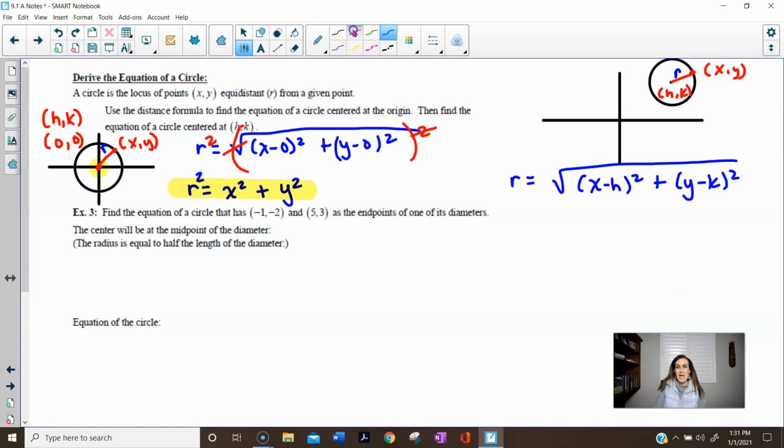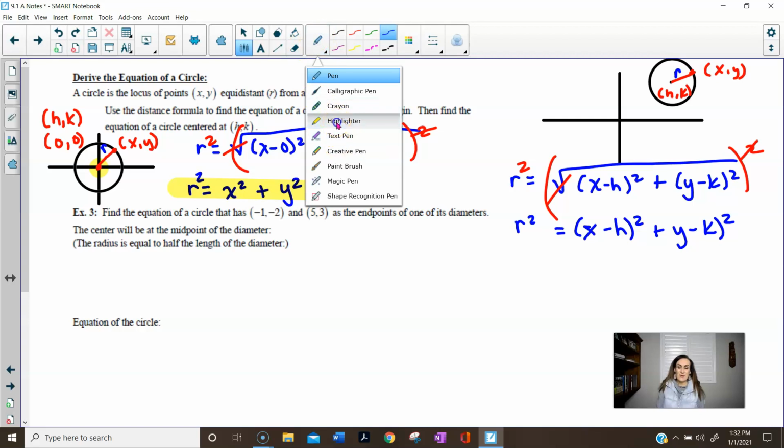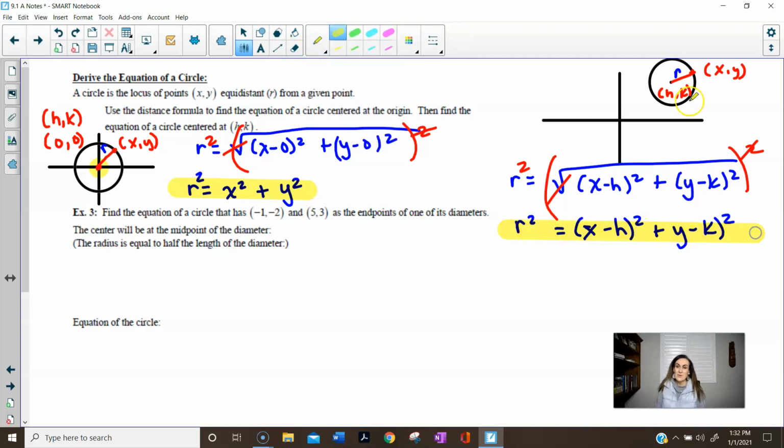Now we'll square both sides. The square and the square root cancel. My equation of a circle when the center is not at (0, 0) is very similar: r squared equals (x minus h) squared plus (y minus k) squared. And that's deriving the equation of a circle when the center is over here.